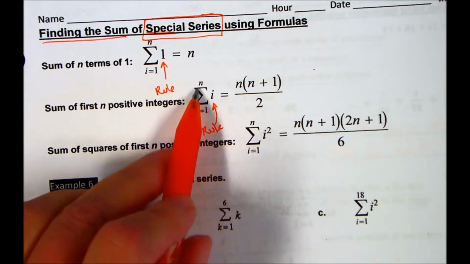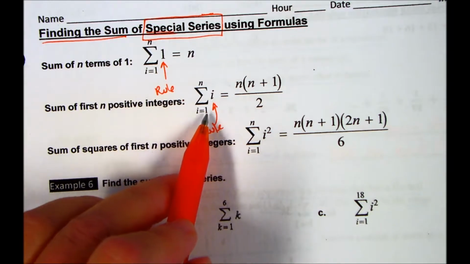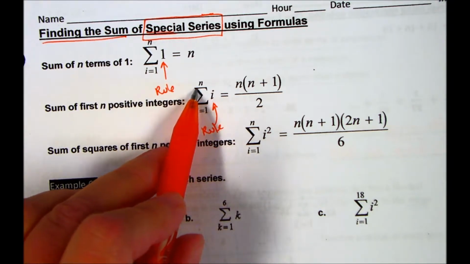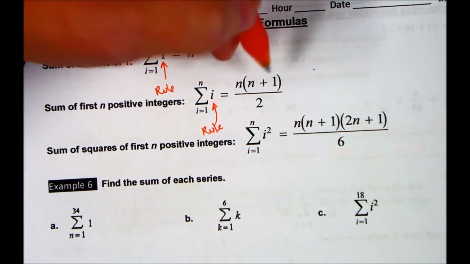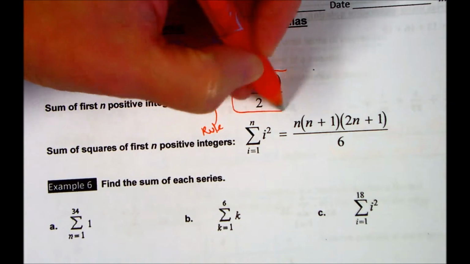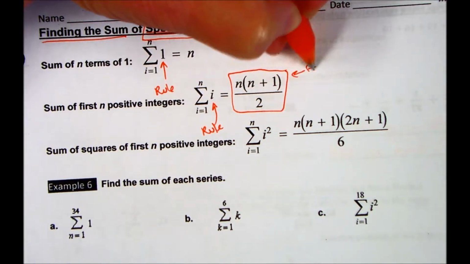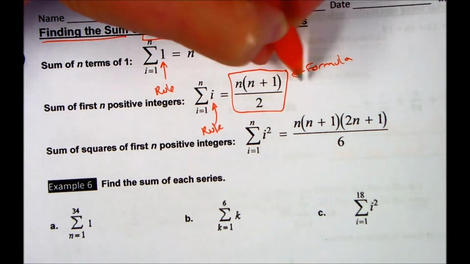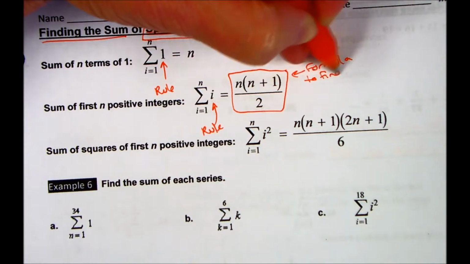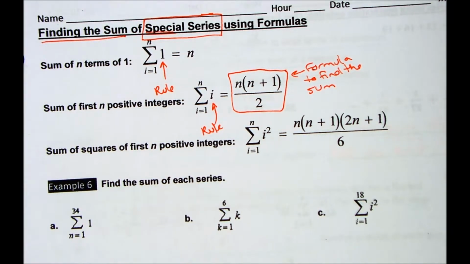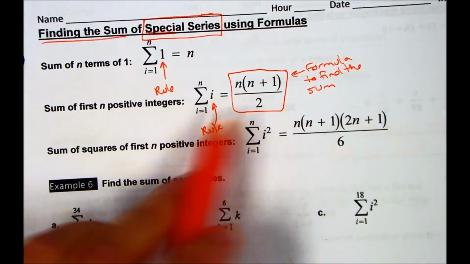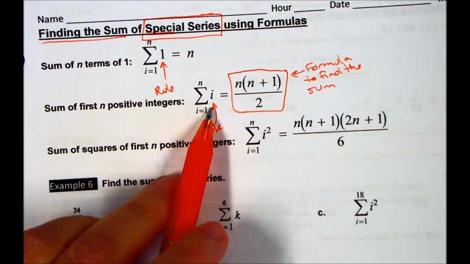Well, if you do this with 1 through 6, you're going to find that there is a formula to help you find the sum. So there's a special formula that we can use to find the sum of this special series.